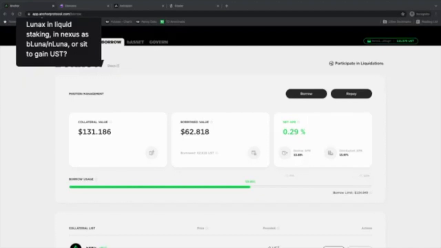People suddenly want to sell their bLuna to Luna, and that causes the peg to go in the other direction. They're willing to take a loss in order to get out of their bLuna quickly instead of waiting 21 days. So that 21-day wait basically creates that 2% premium between Luna and bLuna. I know it's kind of complicated if you don't know how AMMs work, but there is no oracle that sets that price. The market sets that price.